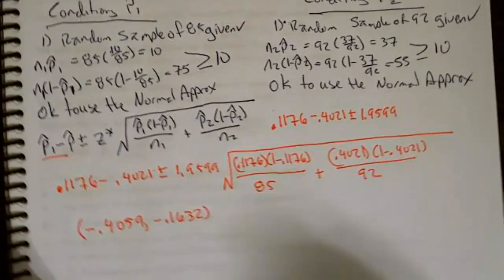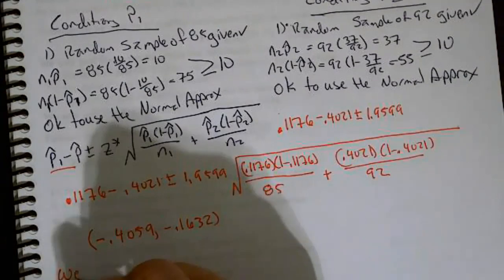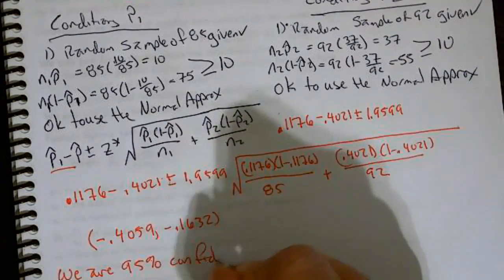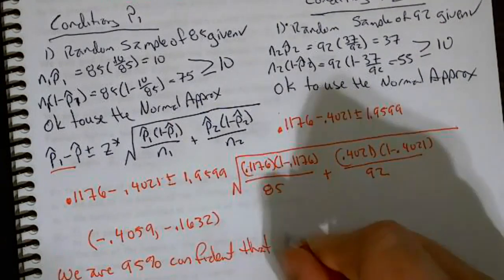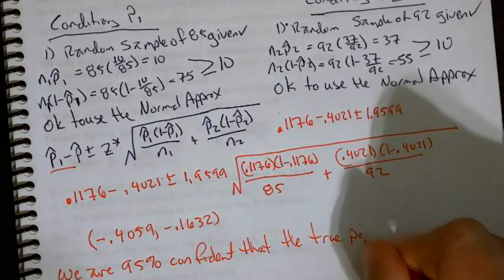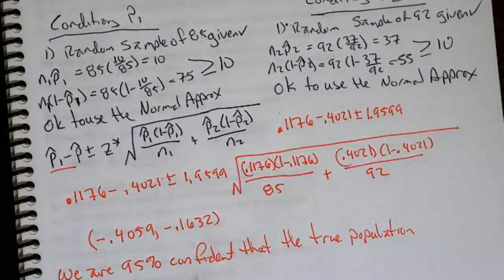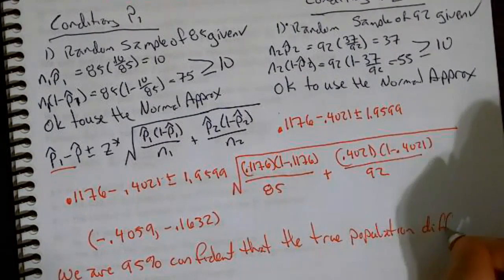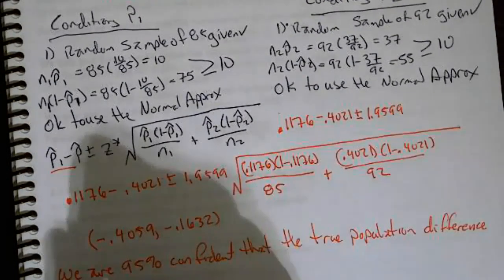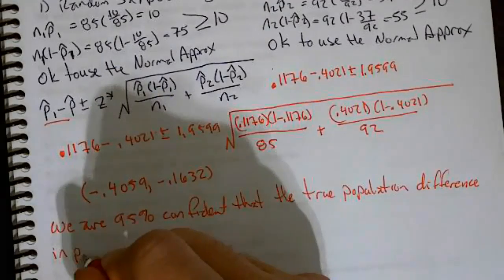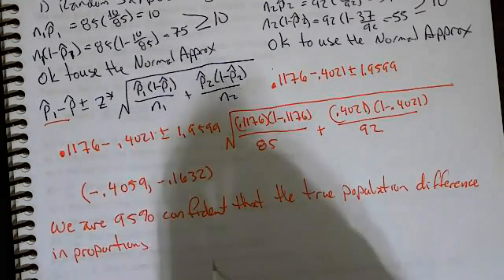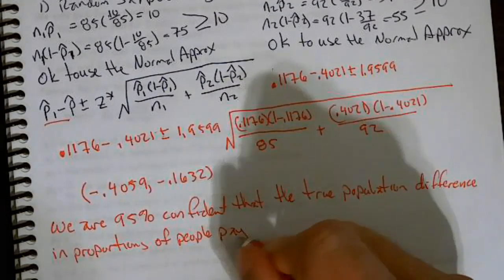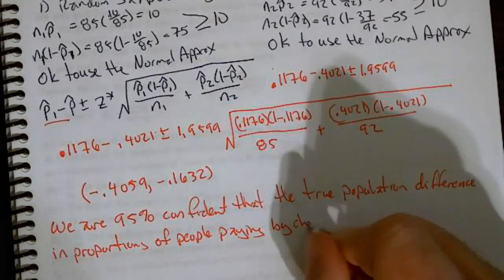So then we get to write our conclusion. So what are we? Well, we are 95% confident that the true population difference in proportions of people paying by check.